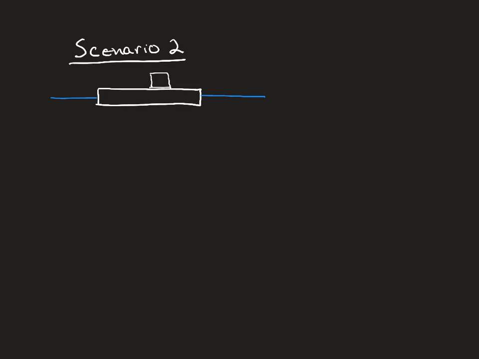Alright, so we're going to sum our forces like before. So we're going to have the weight of the raft, the weight of the box, and then pushing up is going to be the buoyant force. So when we sum our forces, we have the buoyant force minus the weight of the box minus the weight of the raft sums to 0 newtons because this system is at rest.